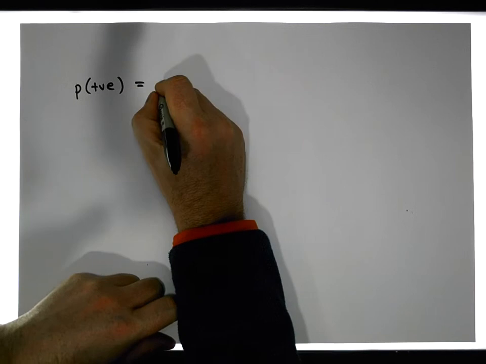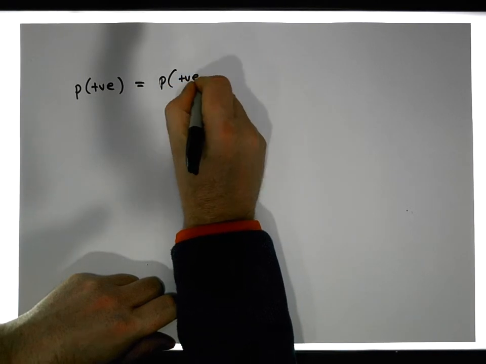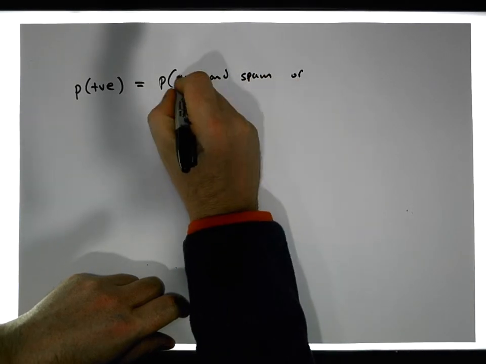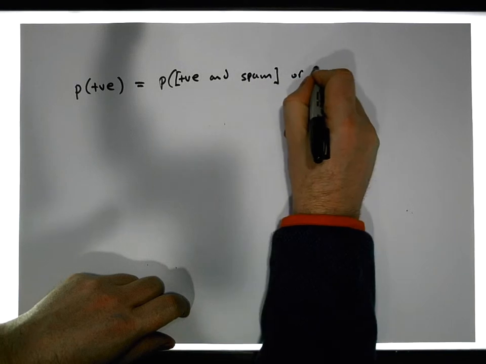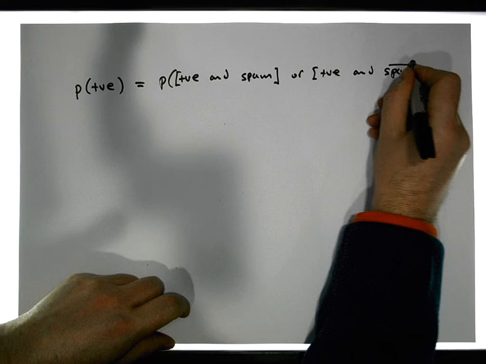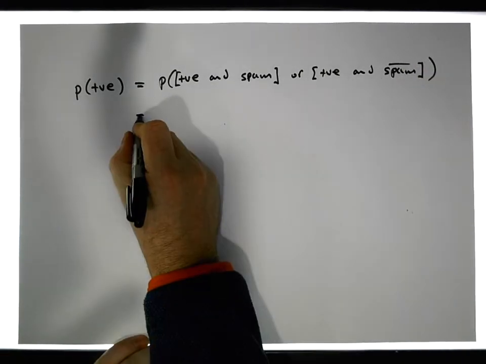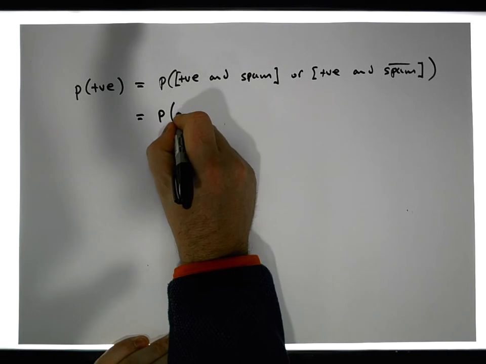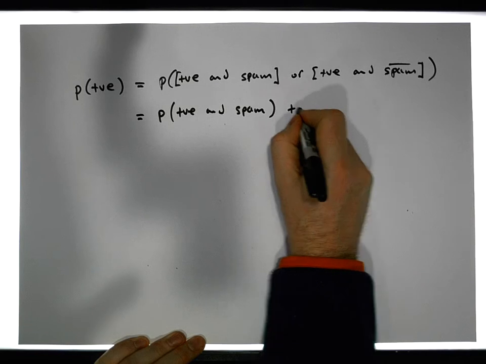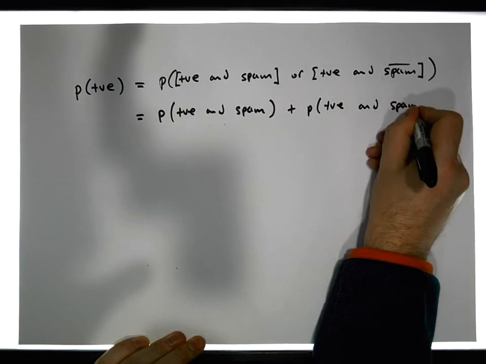So that's the same as the probability that you got a positive result and had spam, or you got a positive result and the data was not spam, if that makes sense. This is a little bit complicated, I know, but this is the addition rule. So this becomes the probability of a positive result and spam, plus the probability of a positive result and not spam.